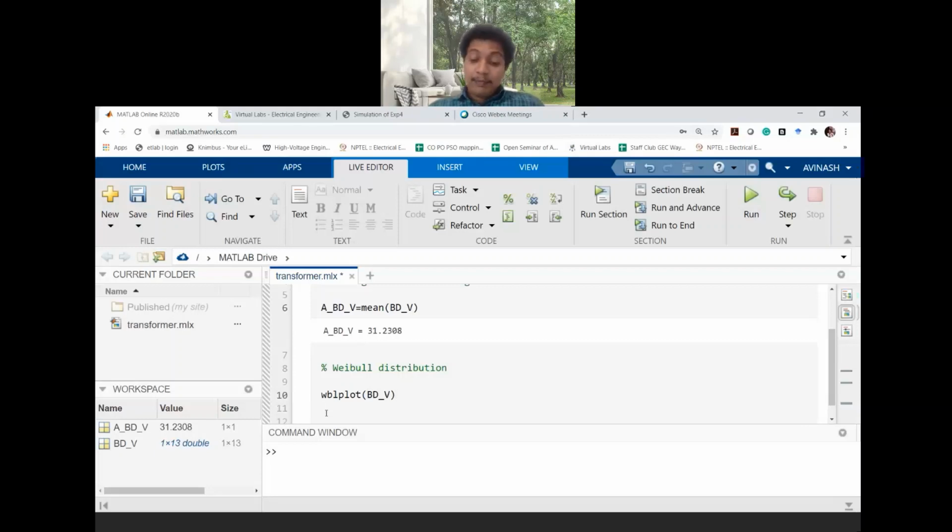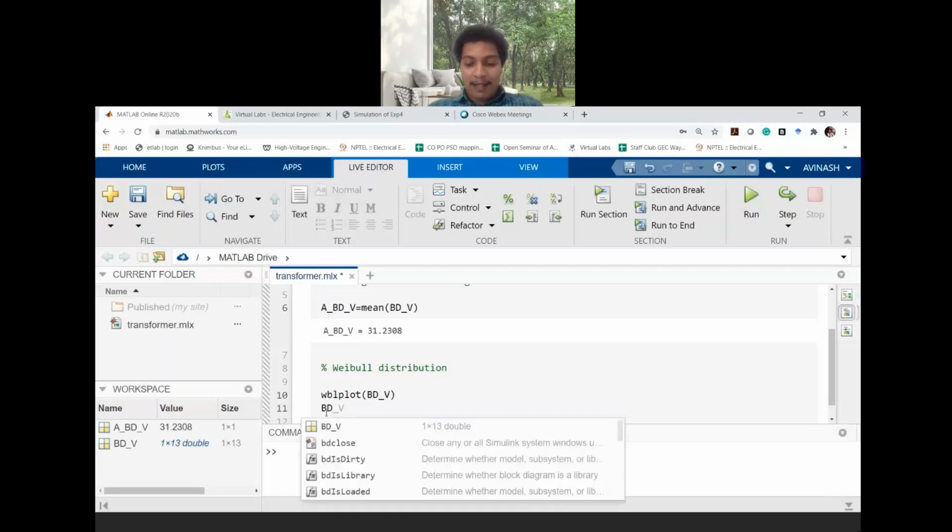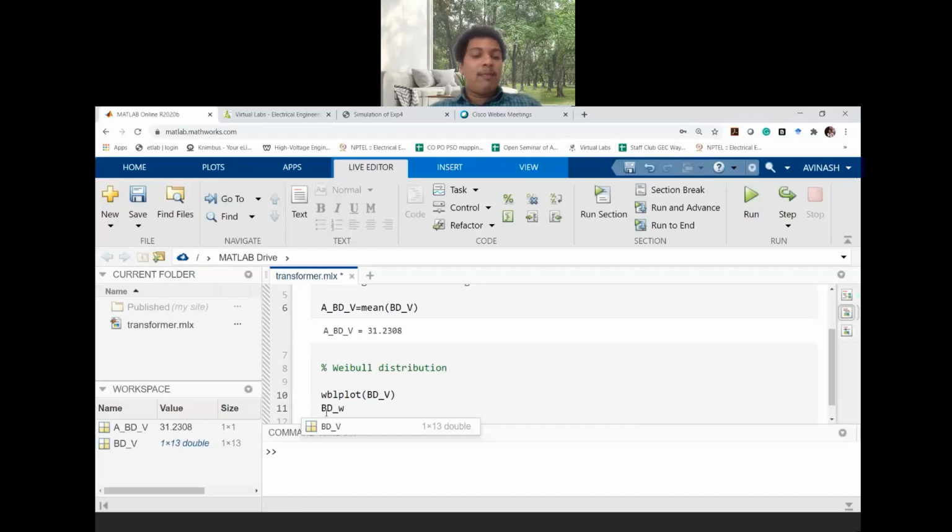And I also want to see the breakdown parameters. Parameters means these variable parameters, which are the shape and the scale parameters. We can put whatever variable name you like.